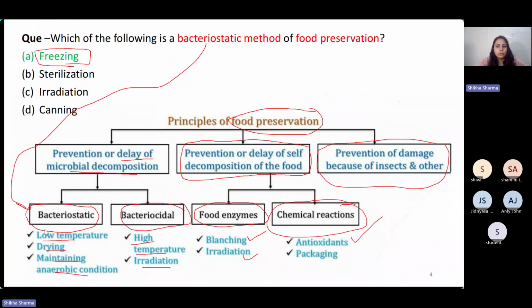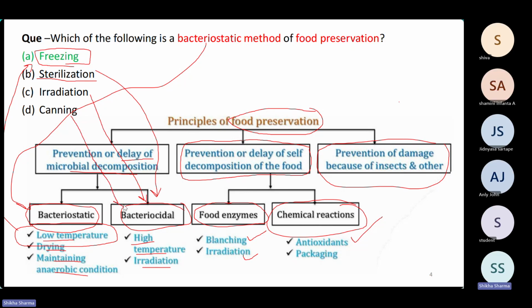Bacteriostatic includes low temperature processing methods like freezing, whereas the high temperature method, sterilization, comes under bactericidal. Irradiation also comes under bactericidal, and canning or the high temperature methods also come under bactericidal. So only the low temperature method, freezing, is bacteriostatic.